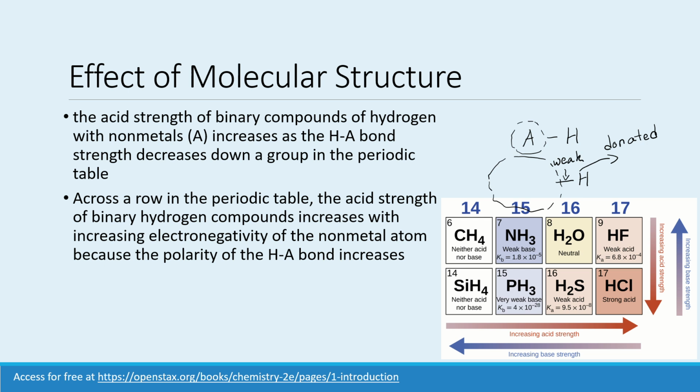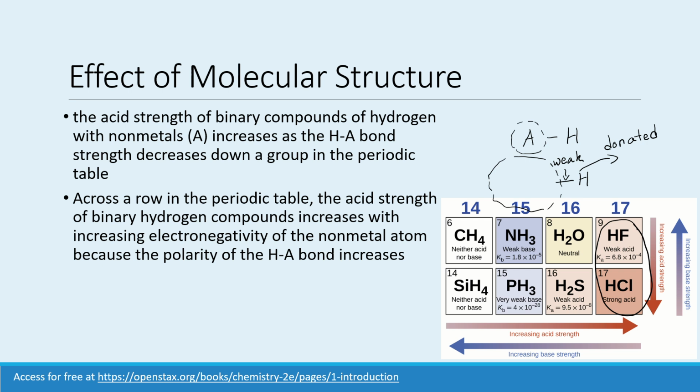So the weaker that bond is, the easier it is for that hydrogen to pop off, and therefore the stronger the acid. And so you'll see, especially with your halogens right here, that hydrofluoric acid is going to be considered a weak acid, but everything below that, hydrochloric, hydrobromic, and hydroiodic, those are going to be your strong acids.